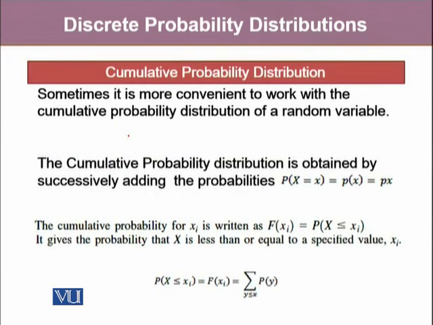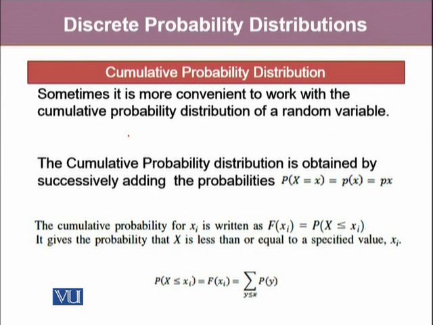Another type of distribution is the cumulative probability distribution. Sometimes it's more convenient to work with the cumulative probability distribution of a random variable as compared to just the probability distribution. The cumulative probability distribution is obtained by successively adding the previous probabilities.